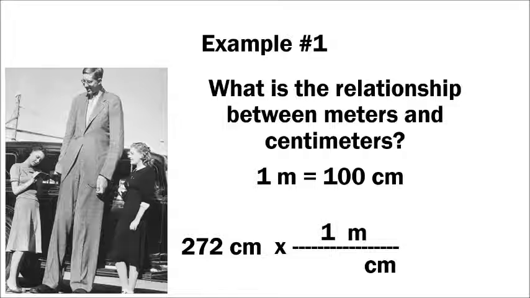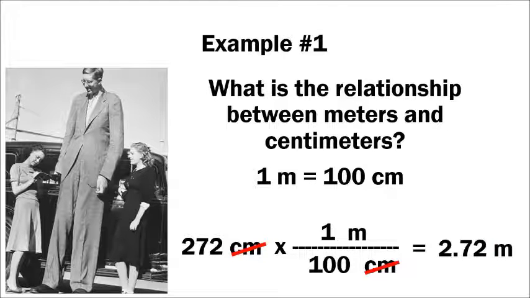Let's fill in the numbers. So 1 meter is equal to 100 centimeters. Now I can cross out the unit of centimeters, and my answer would be 272 divided by 100, which is equal to 2.72 meters.